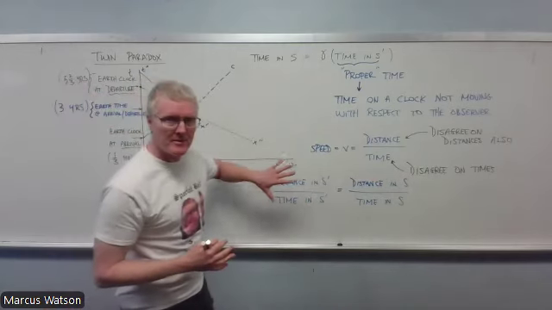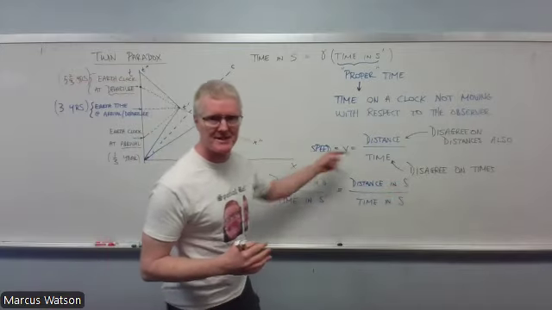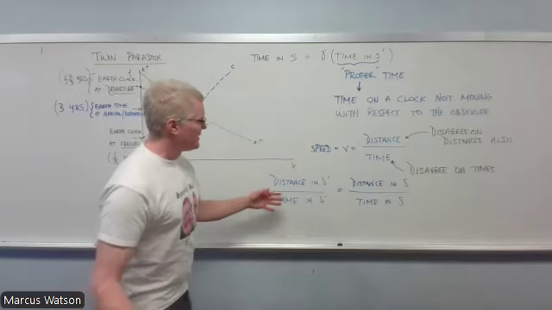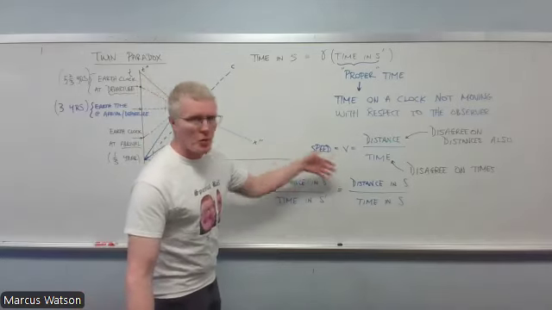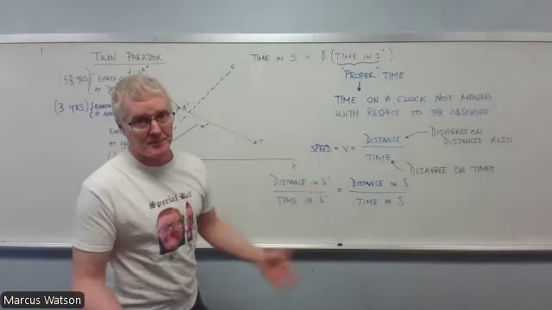Okay, as long as I keep these consistent, and I don't start mixing distance in S divided by time in S prime. No, that's not a thing, okay? Then I can say these two quantities should be equal because we're going to agree on the speeds. For example, we have to agree on light speed, okay?